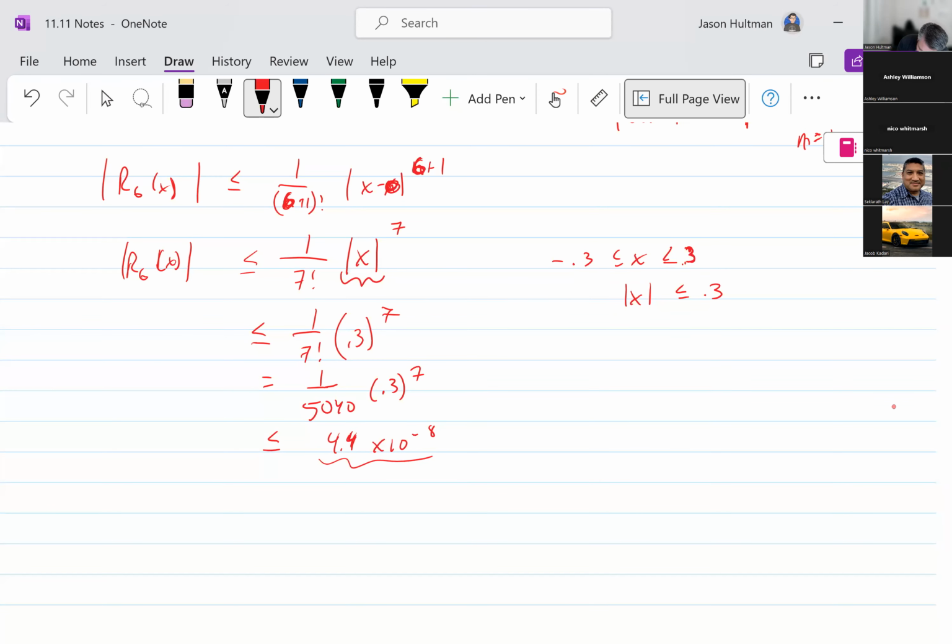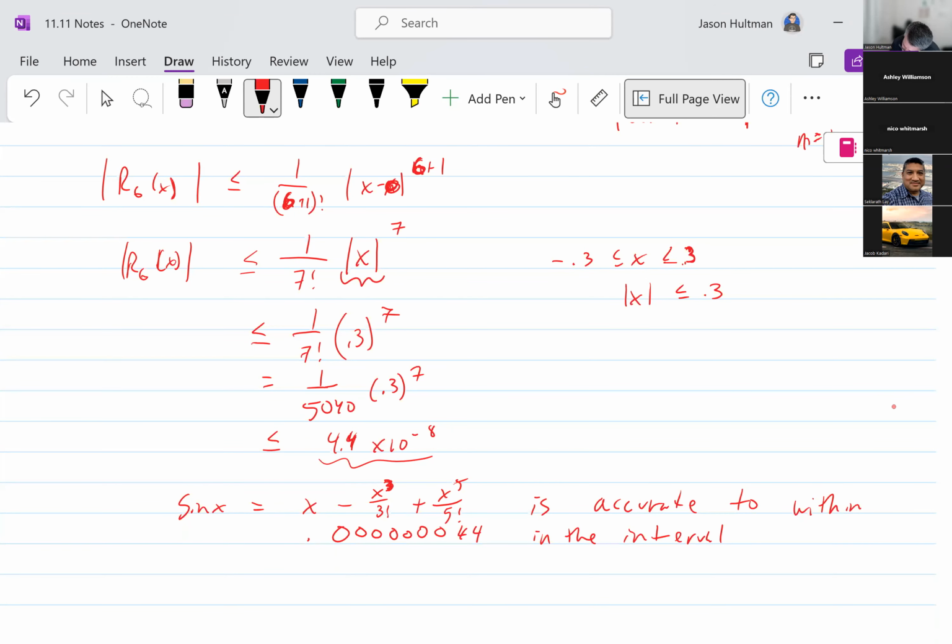We know that sine of x equals x minus x cubed over 3 factorial plus x to the 5th over 5 factorial, and this is accurate to within 0.00000004 4, so 7 zeros in front of the 2 4s, in the interval from negative 0.3 to 0.3.